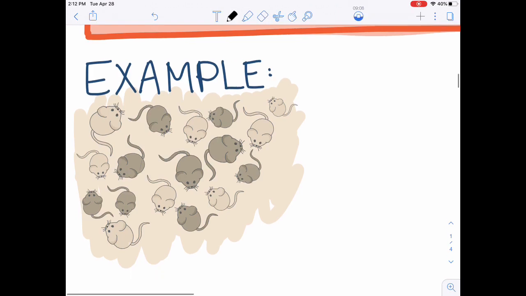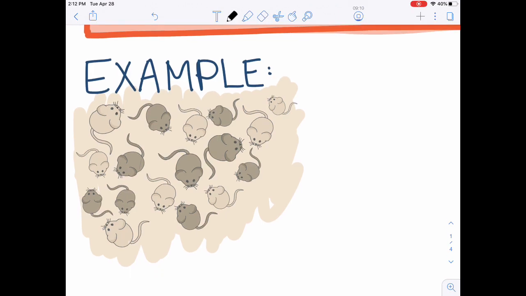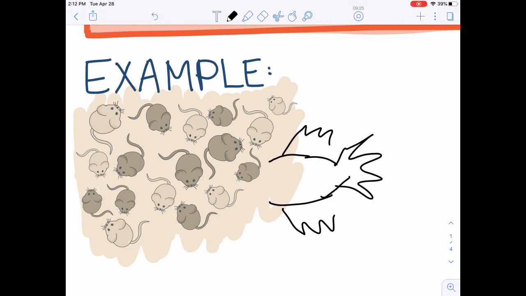predators. So our hawk, I should have drawn my hawk beforehand. So hawk flying over is going to be able to see. Oh, this is a scary hawk.